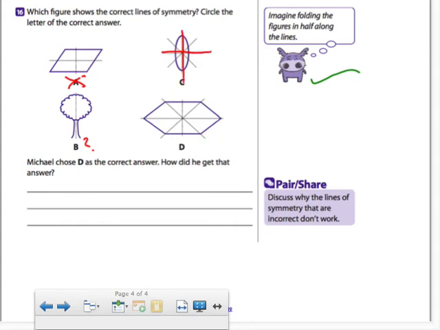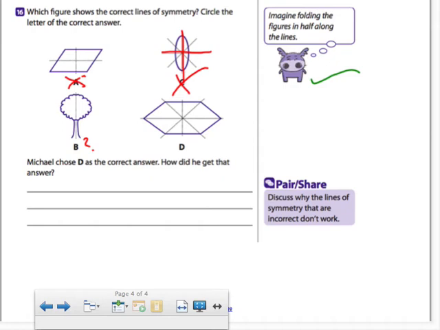Remember, earlier in the week, we looked at an oval, and it only had 2 lines of symmetry. But the diagonal lines in an oval are no bueno. So guess what? C ruined it by putting diagonal lines on an oval. Those diagonal lines, they're not lines of symmetry.